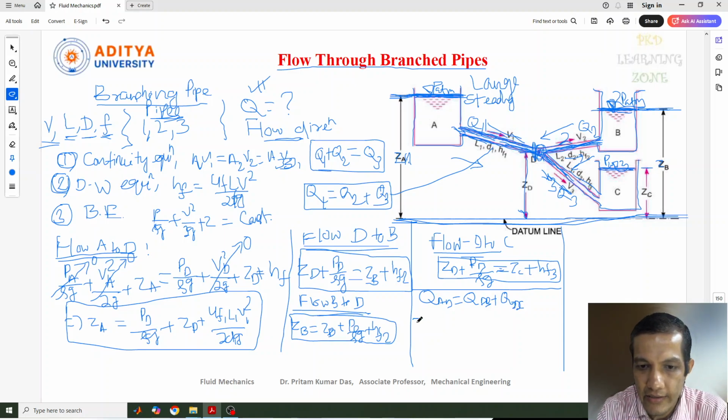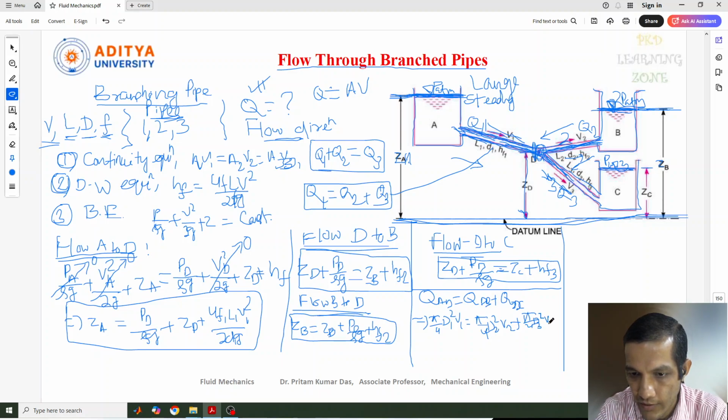So the formula is Q equal to AV. Everywhere it is the same, so we write pi by 4 d square everywhere. Here pi by 4 d1 square v1, and similarly pi by 4 d2 square v2, plus again pi by 4 d3 square v3.